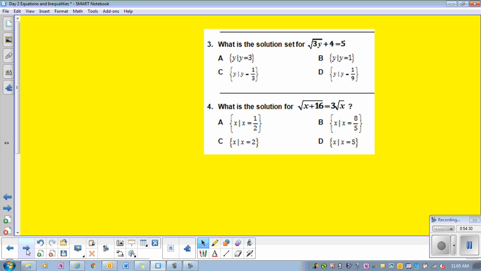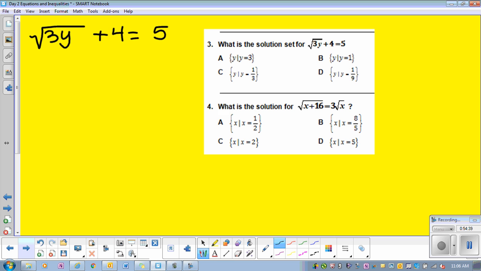Alright, what is the solution set for this guy? I love these. I think these are so fun to solve. Square root of 3y plus 4 equals 5. What do I need to do first? Subtract the 4. And then I have square root of 3y equals 1. Now what?